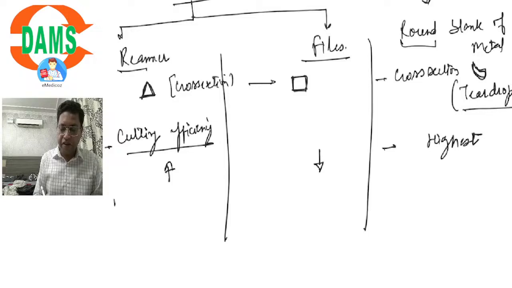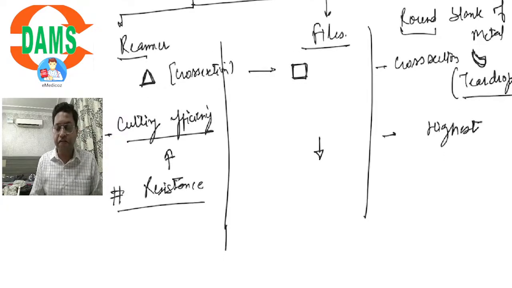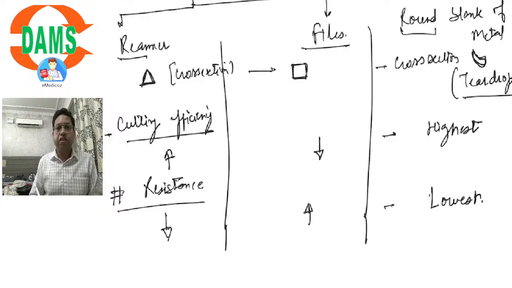If we talk about the fracture resistance, how strong an instrument is in resisting fracture, then the fracture resistance of a reamer is low, that of a file is high, and that of an H file is the lowest.